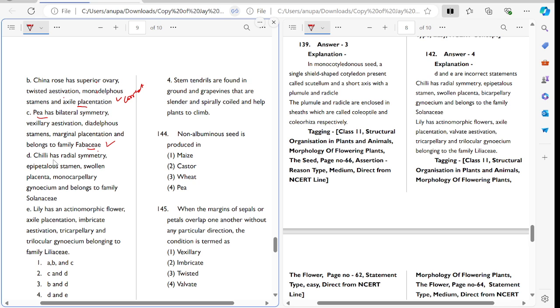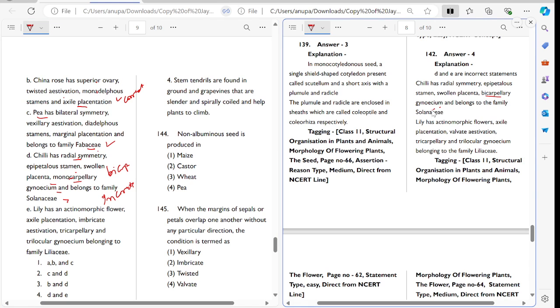Now D says chili has radial symmetry, epipetalous stamens, swollen placenta, monocarpellary gynoecium, and belongs to the family Solanaceae. So here, this statement is incorrect. Here it is monocarpellary, not bicarpellary. Bicarpellary gynoecium is found in chili.